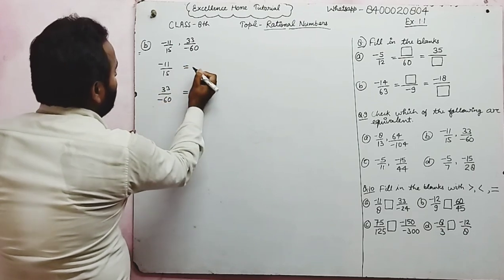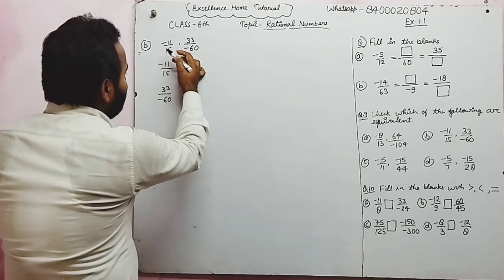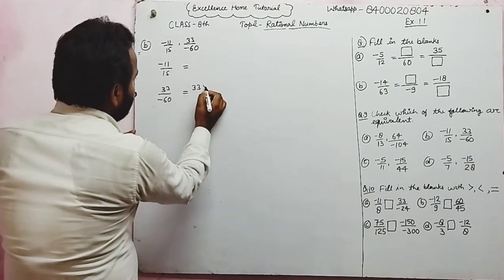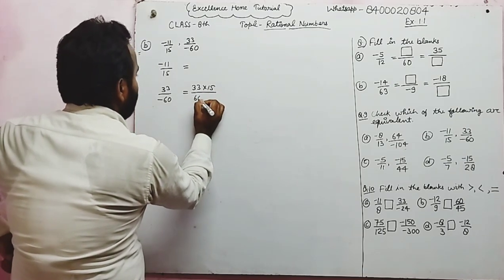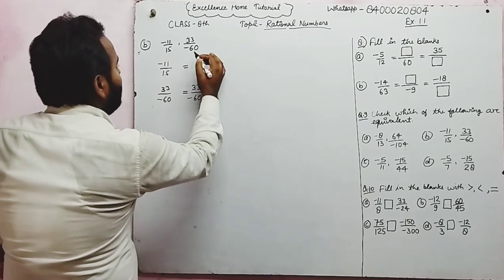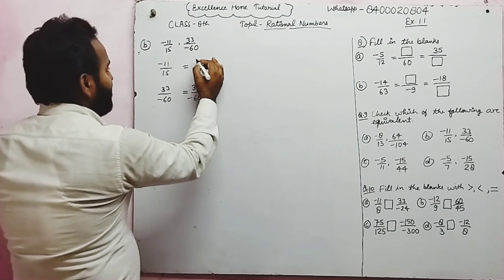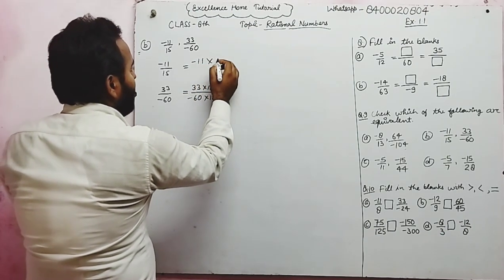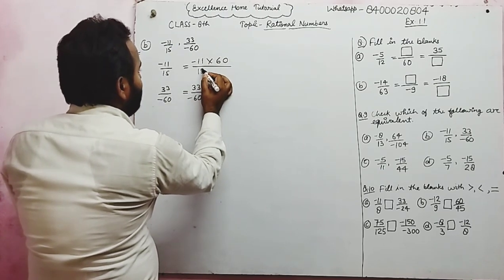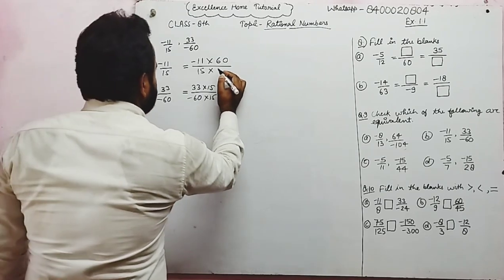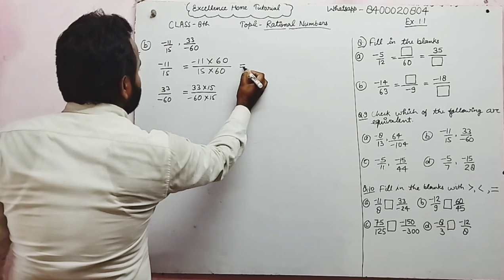After that, multiply 15 by 15 to both the numerator and denominator, and multiply by 60 upon 15 into 60.